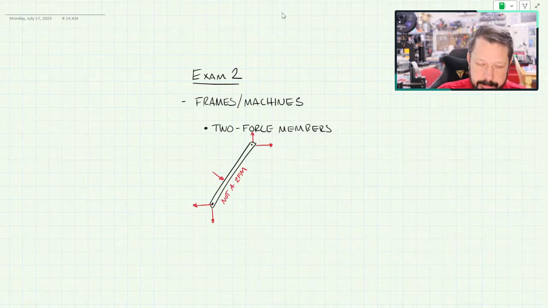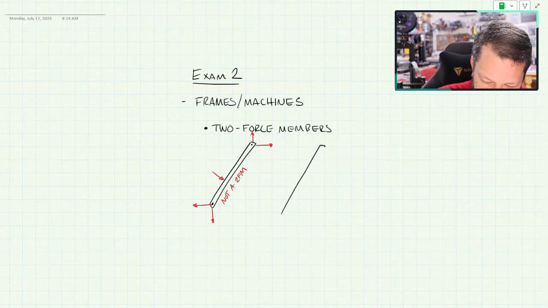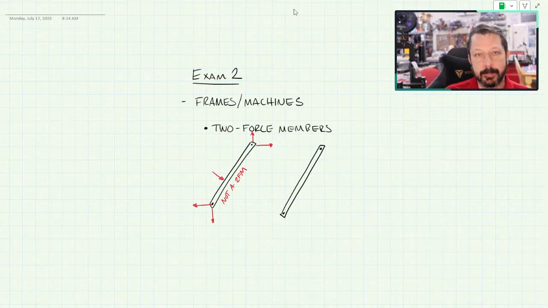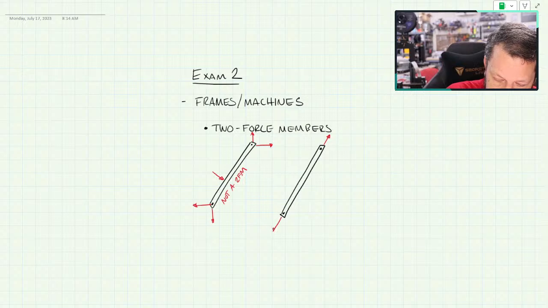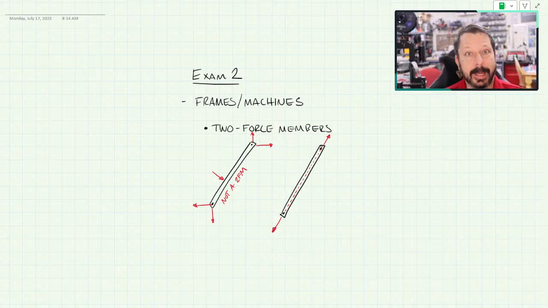But if you do have a 2 force member, then instead of having the pin reactions, you can just have the member reaction, where you connect the 2 pins with a line, and that dotted line that I drew is the line of action for the force in that member.